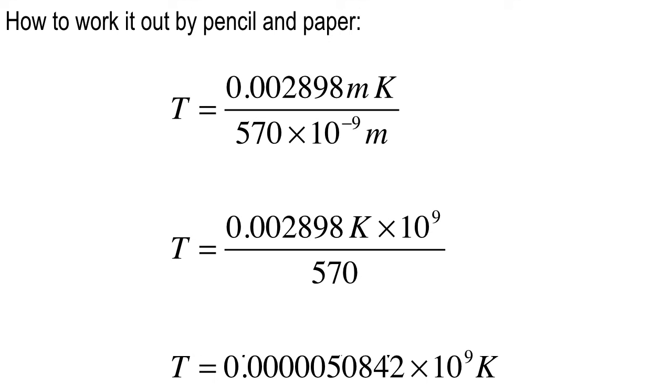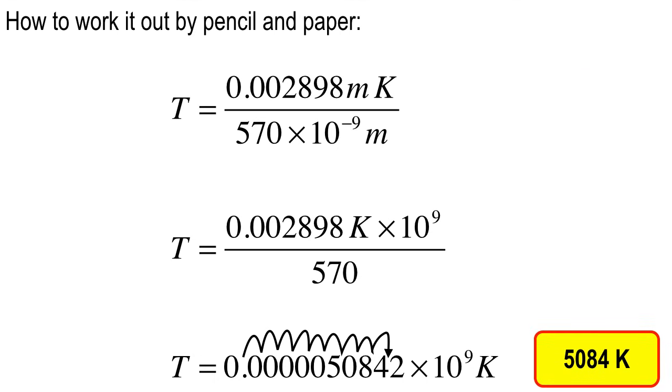So instead of dealing with 10 to the 9 kelvin and a really small decimal, just move the decimal point over. Now watch, here it comes. It's animated. It's kind of cute. 1, 2, 3, 4, 5, 6, 7, 8, 9. And there you got it. 5084.2 kelvin.